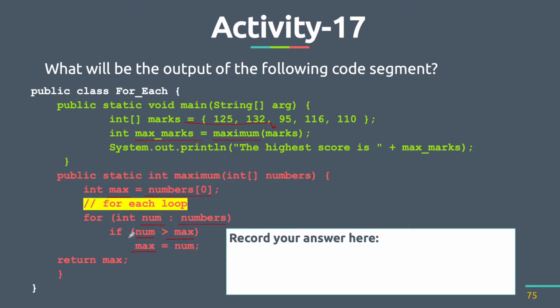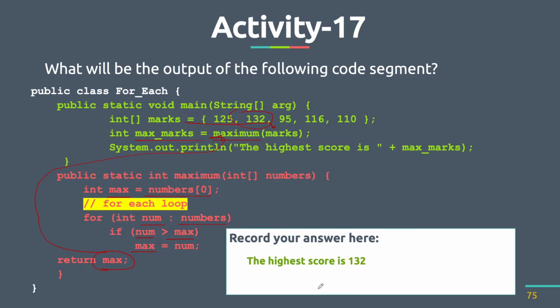And then by the end of this for loop, we will get the maximum value, and then the last statement, we will return this maximum value, and it will be stored in max marks. Finally, we'll print with System.out.println, the highest score is max marks, and the maximum mark will be 132.